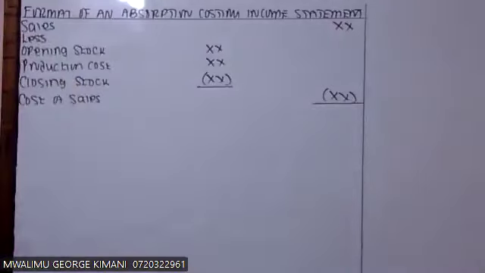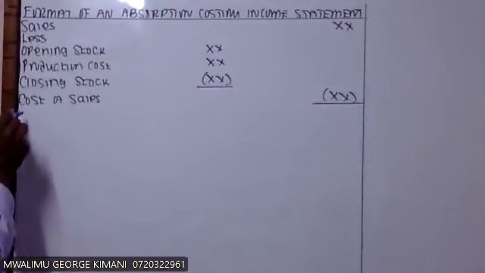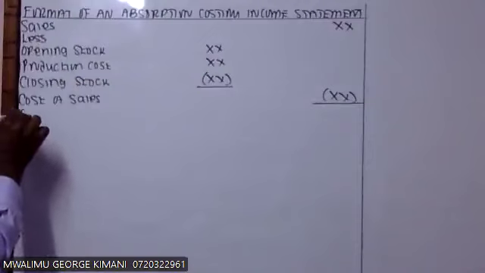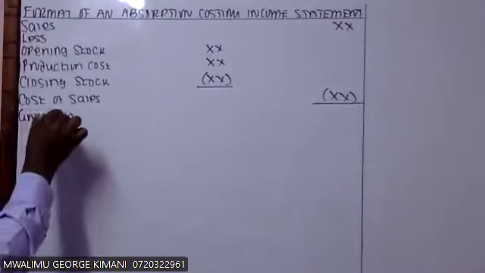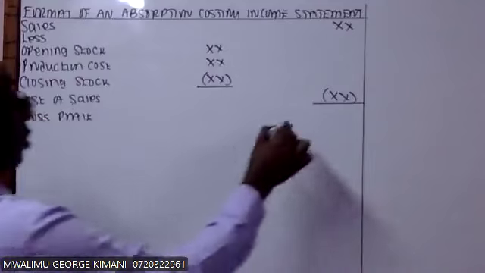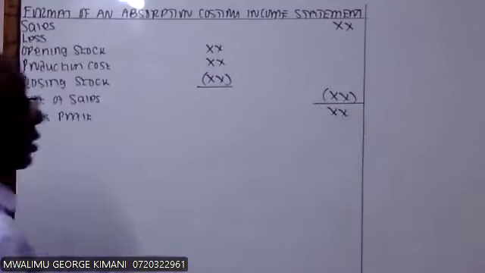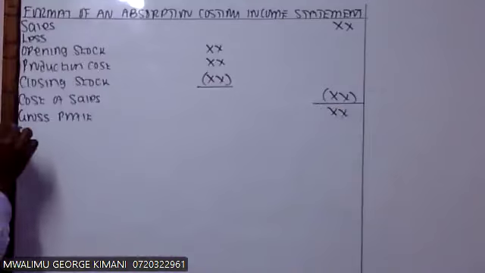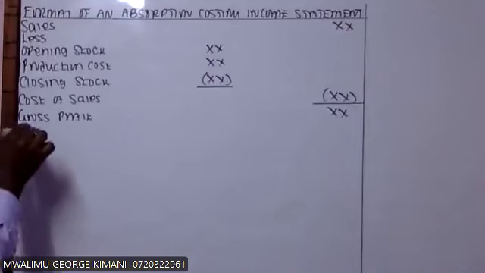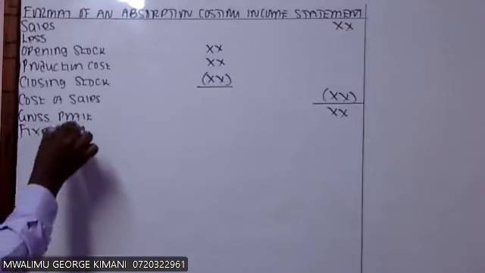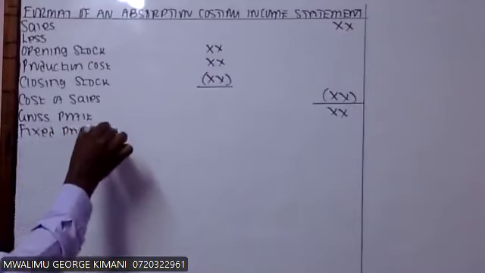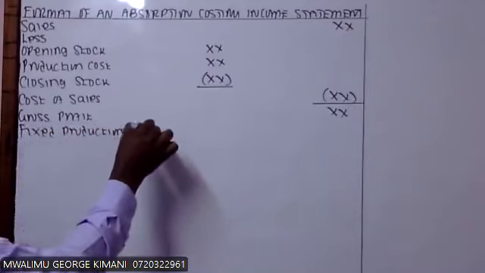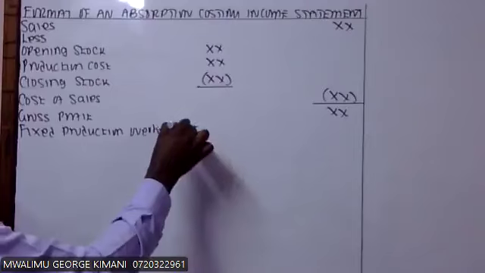With that now, you have gross profit. Then fixed production overhead costs.